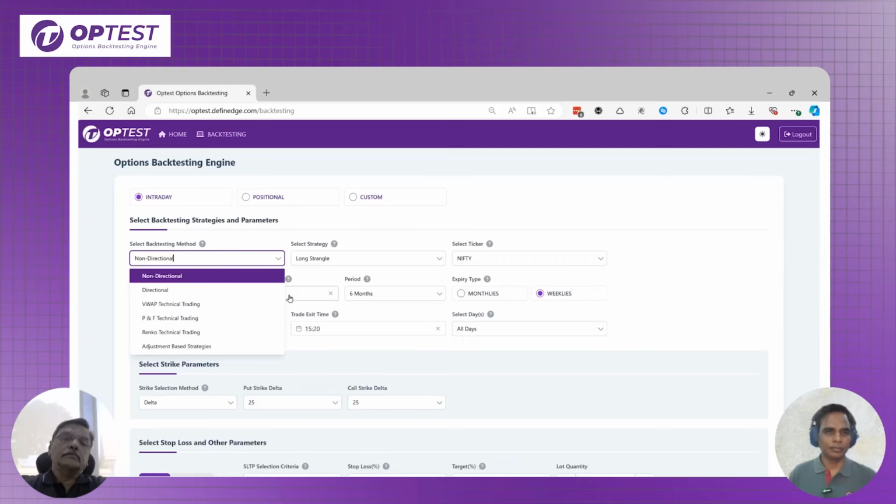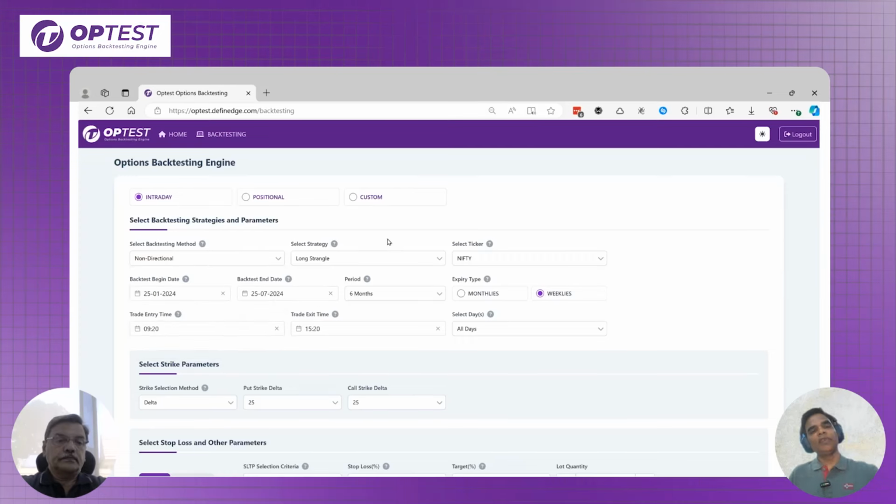It could be positional delta, or the number of points the underlying has moved, or the percentage the underlying has moved, or it could be based on a stop loss that might have triggered on your position. So there are different kinds of adjustments. Obviously, I'll talk in detail about what all those are.